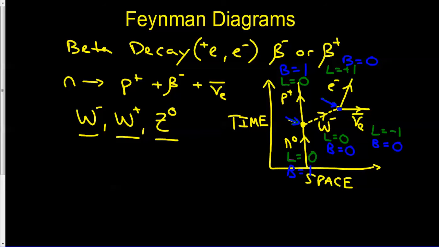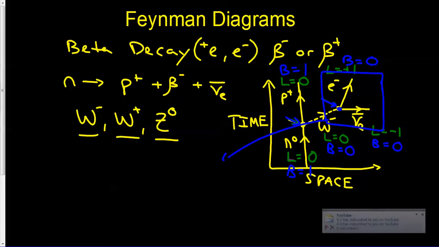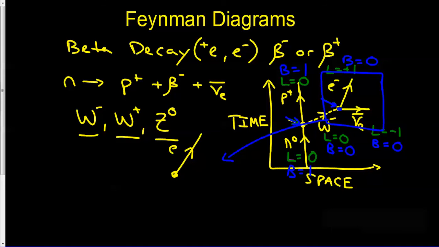Some notation that the IB sometimes will put in a diagram is if we focus on this section right over here. Let me put this in a different color here. They may show that section, if I zoom that in over here, as the electron going in that direction, and they may show it as an electron neutrino, but the arrow goes in reverse.